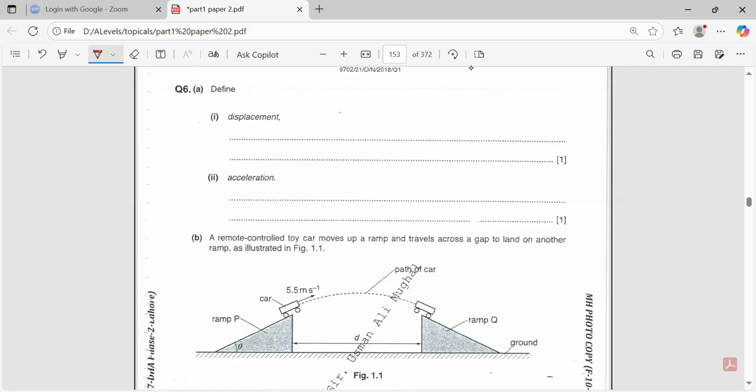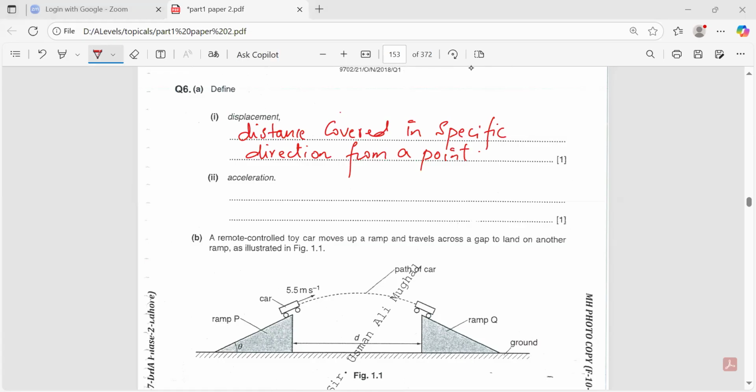The term displacement will be defined as, I taught you during the lesson, distance covered in a specific direction from a point. This is how you will be defining displacement. So displacement is distance covered in a specific direction.